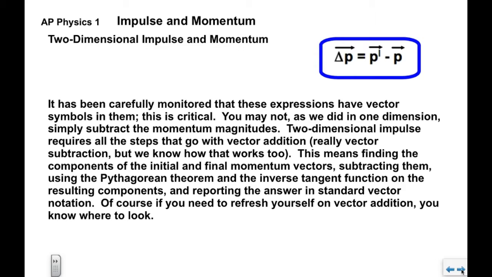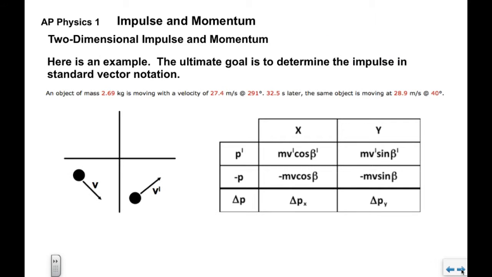This means we need to find the components of the initial momentum, the components of the final momentum, subtract them, and then use the Pythagorean theorem and the inverse tangent formula on the resulting components. Report our answer in standard vector notation. If you need to refresh yourself on vector addition, you know where to look.